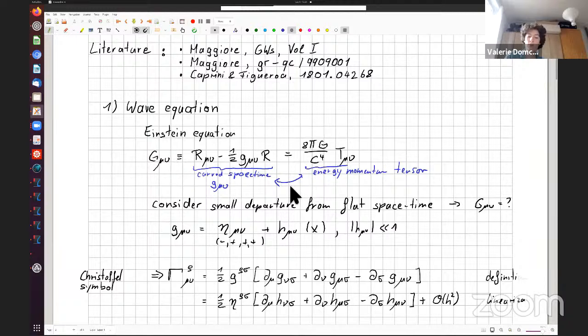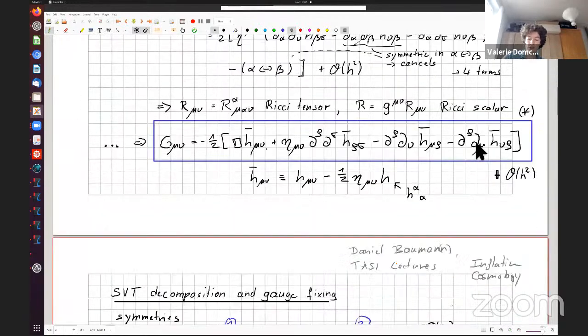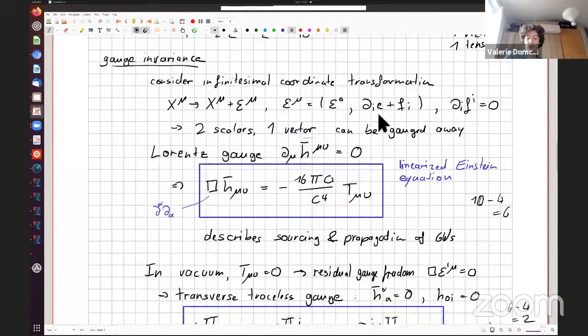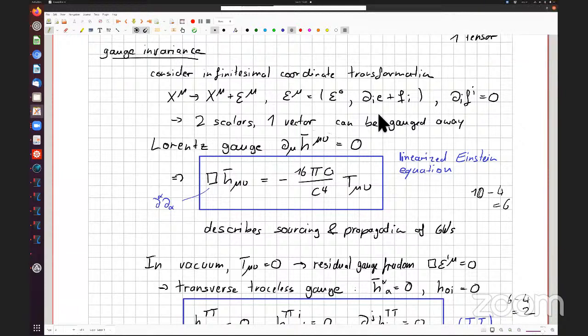We need to have some more complicated form of this equation, which allows for extra degrees of freedom. So really the starting point changes, and then of course this equation changes, and you will no longer just have box H on the left-hand side, but you will have something more complicated. Okay, thank you.